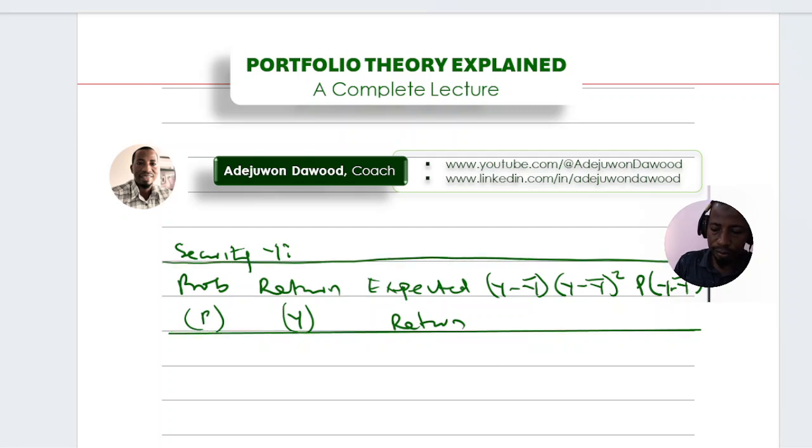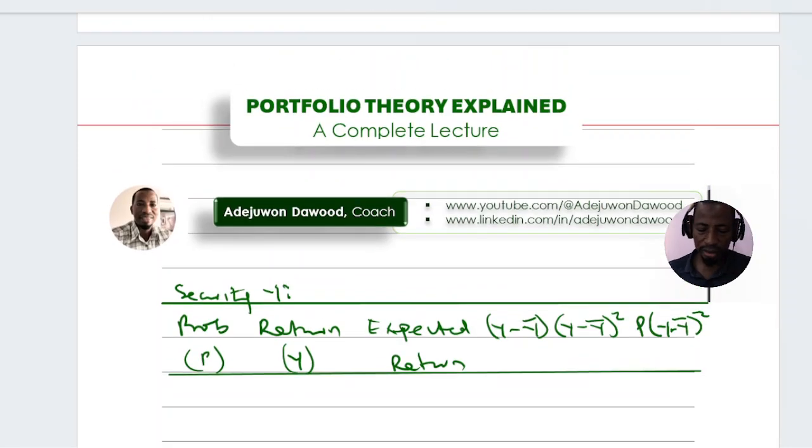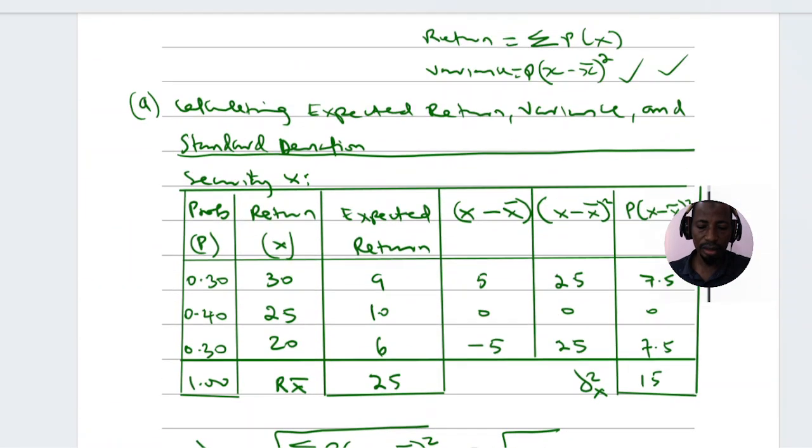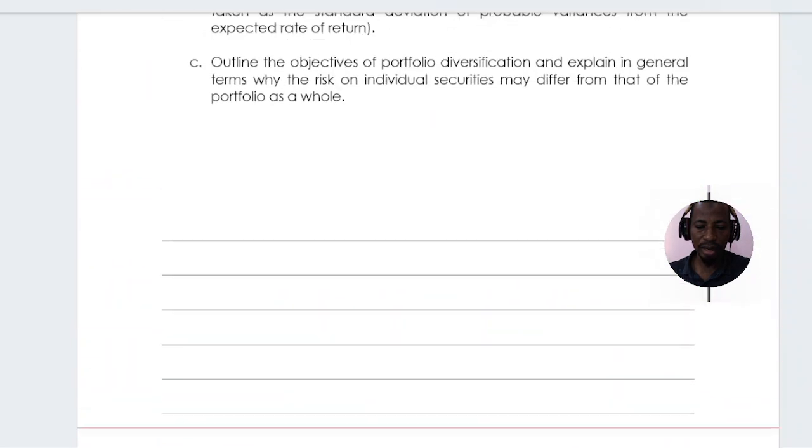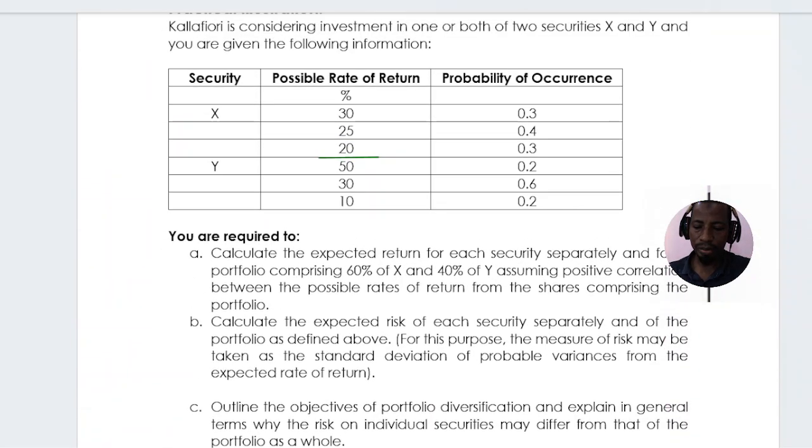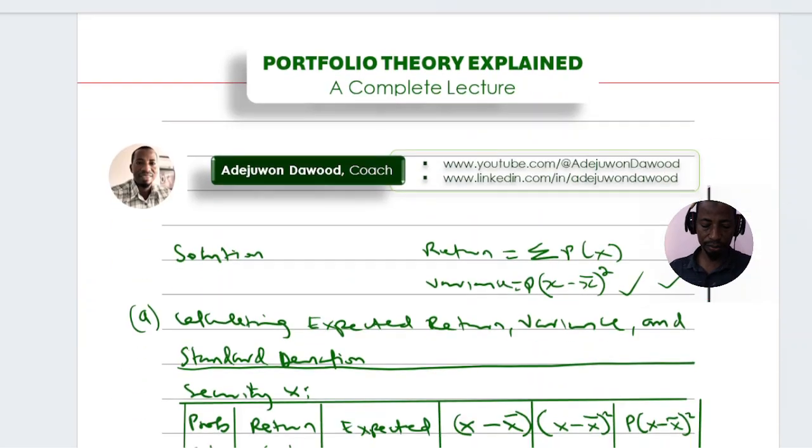Then what are the probabilities of security Y? The probability of security Y is 0.2, 0.6, 0.2.